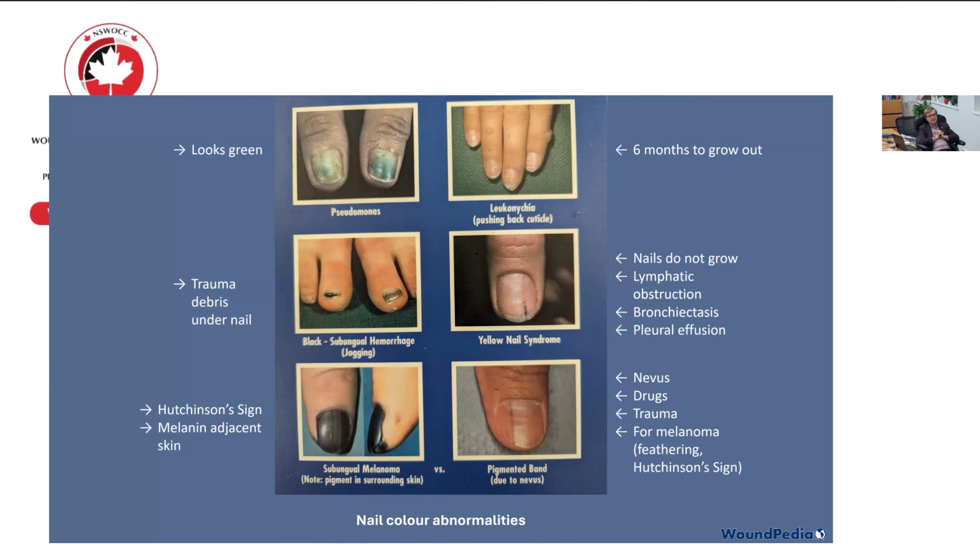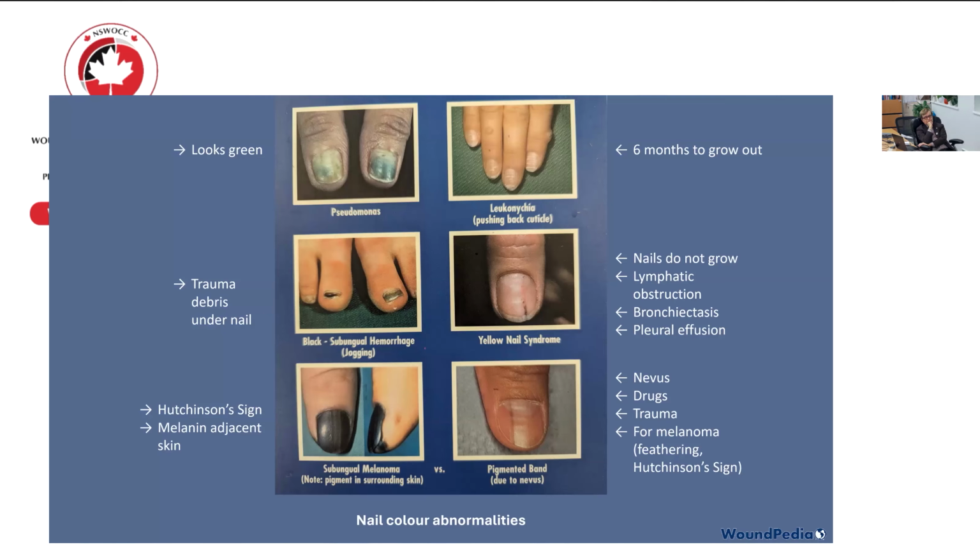On the right side top, 6 months to grow out, and that's leukonychia or pushing back the cuticle. And if you go to the manicurist every month, you can see 5 or 6 lines gradually going up the length of the nail.